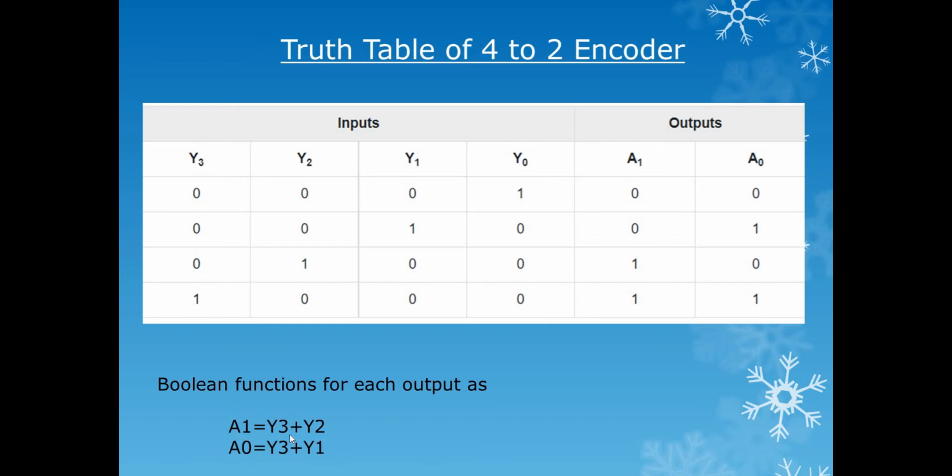So A1 equals Y3 plus Y2. When A0 equals 1 in these two places, the following input lines are taken: Y1 as well as Y3. So A0 equals Y3 plus Y1.